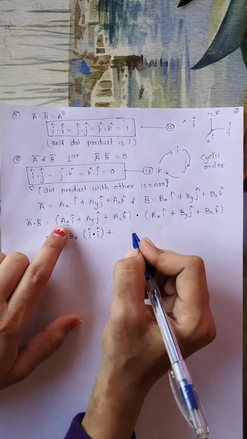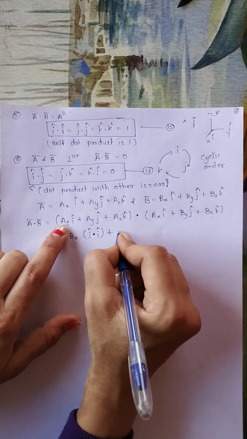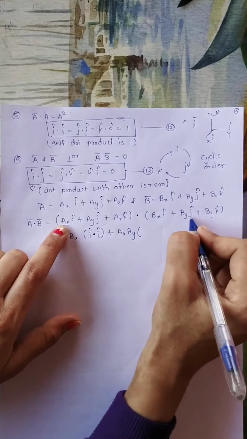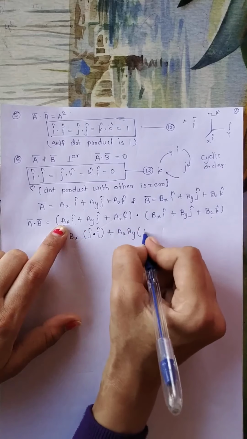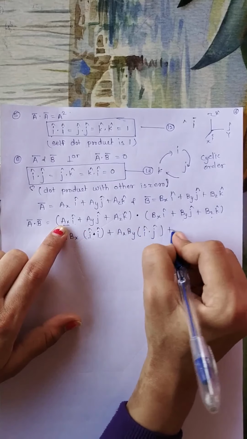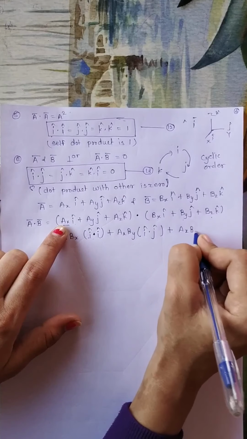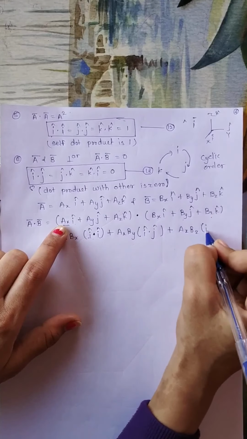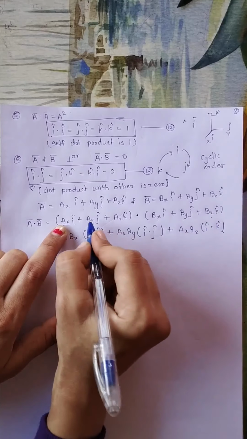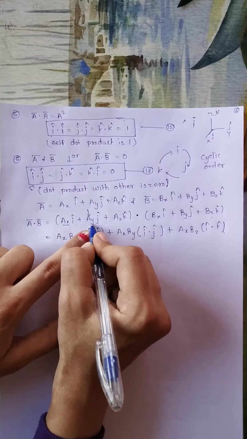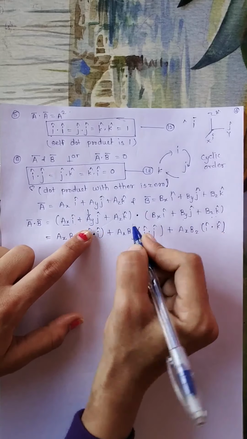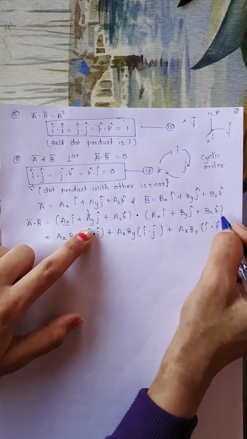Plus again this ax with this by, that is ax by, and I cap dot j cap, plus ax bz and I cap dotted with k cap. Similarly, I will take ay multiplied with each term of this bracket, and third az dotted with each term of this bracket.